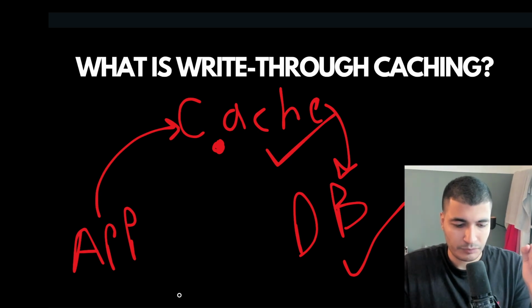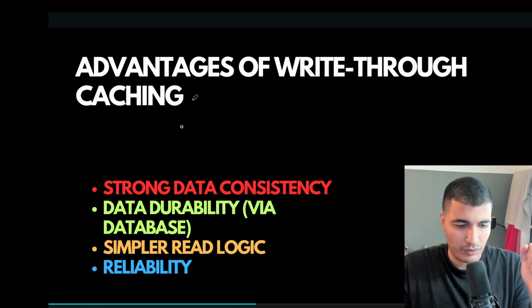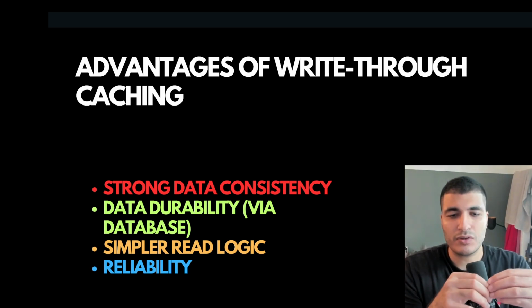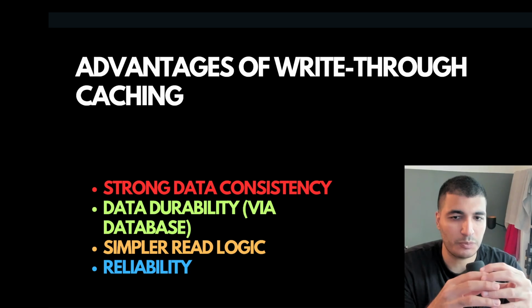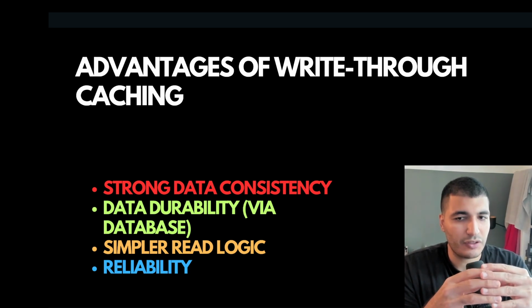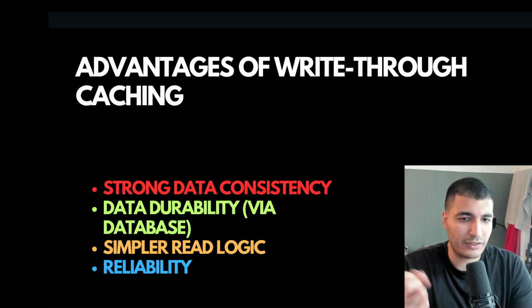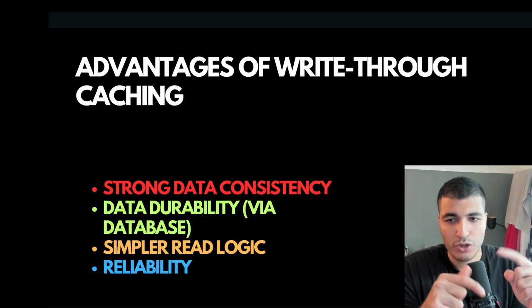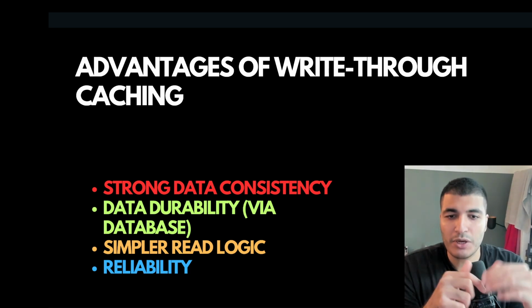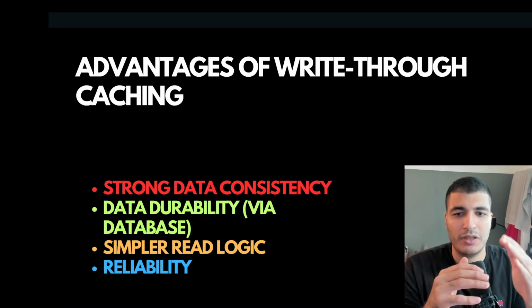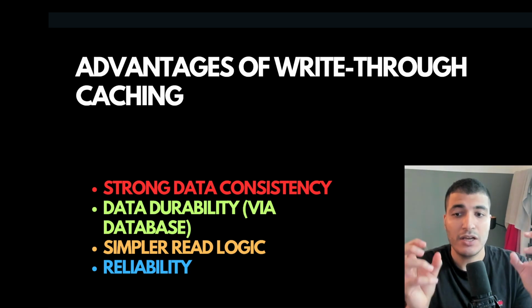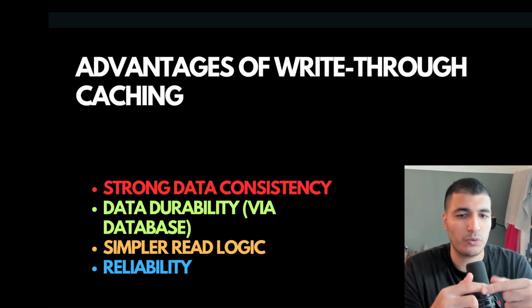Okay. But what are the advantages of this strategy? This synchronous dual write approach brings some significant advantages. First, strong data consistency. This is the primary benefit and the main reason to choose write-through cache, because data is written to both the cache and the database simultaneously before the operation is complete.